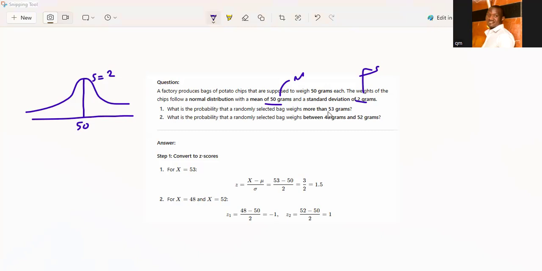Find the probability that it will weigh more than 53. So 53 is on the right side. More than means greater. So we're looking at this area here.